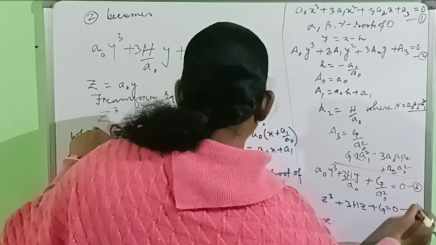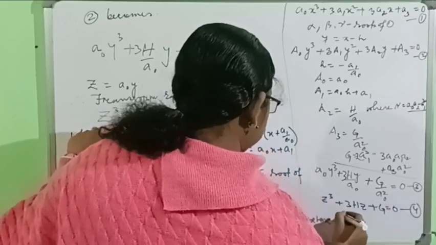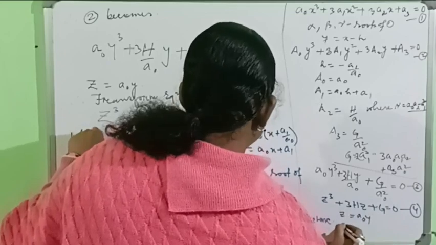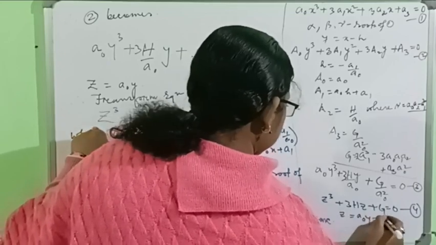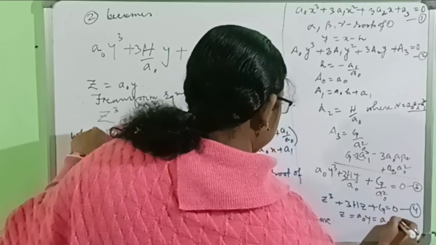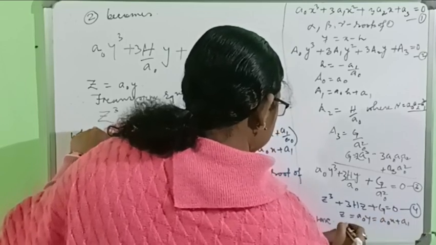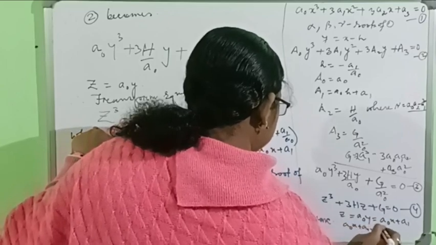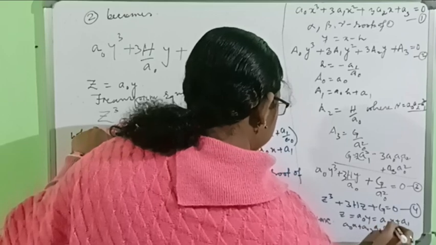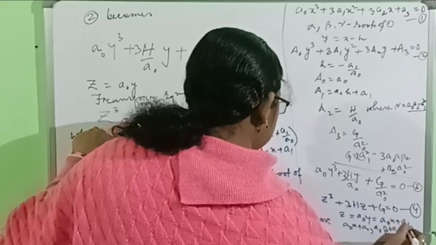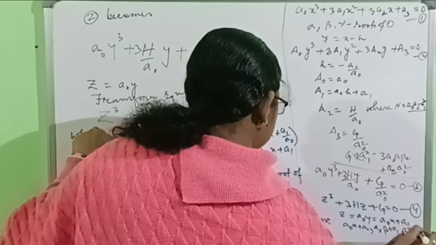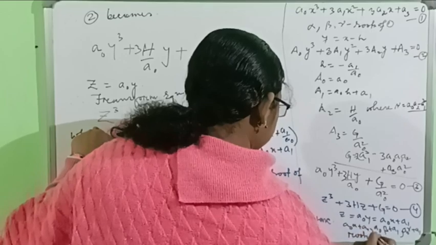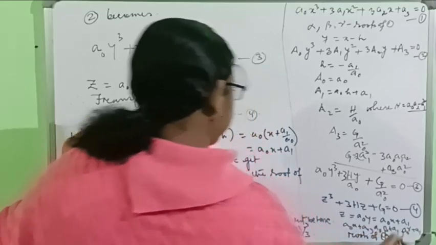This is 4 and z is my a naught y. Roots of this will be a naught alpha plus a1, a naught beta plus a1, a naught gamma plus a1, roots of 4.